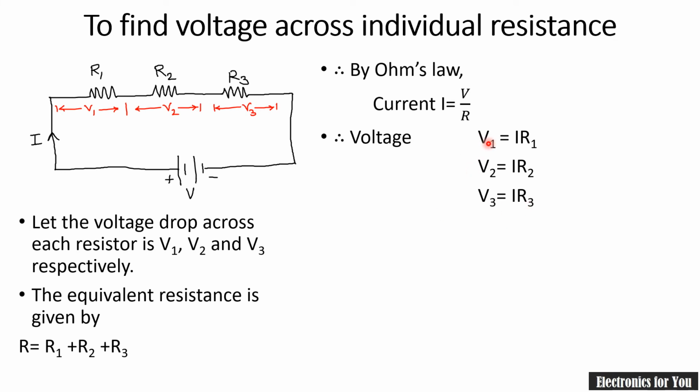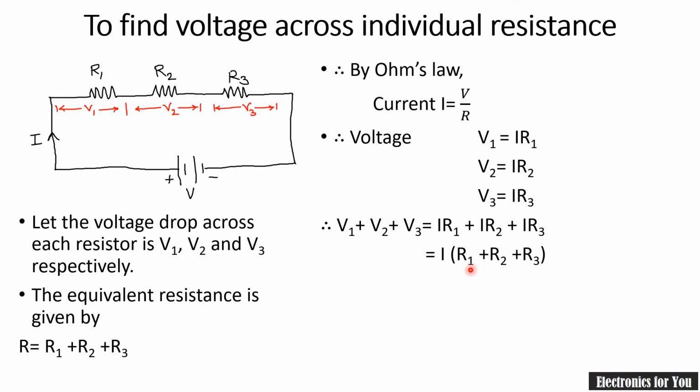Now if you want to add V1, V2 and V3, then V1 plus V2 plus V3 equals IR1 plus IR2 plus IR3. Taking I common here, we will get I times R1 plus R2 plus R3.